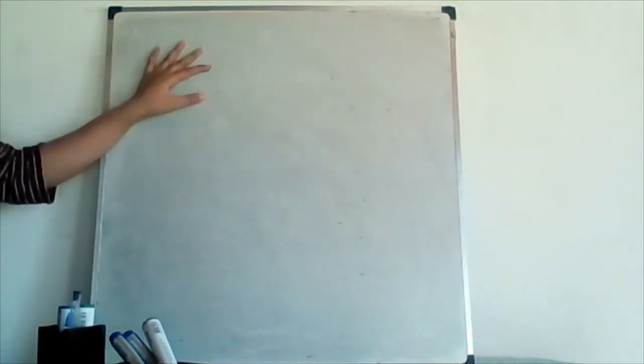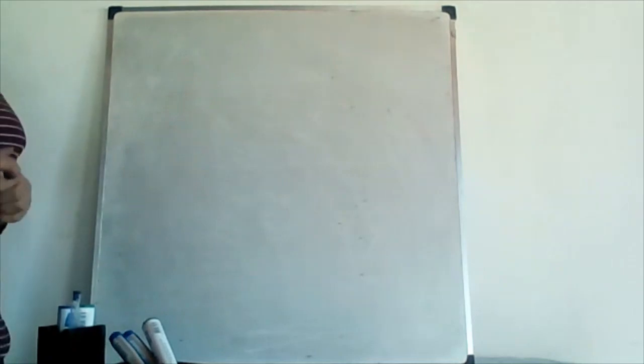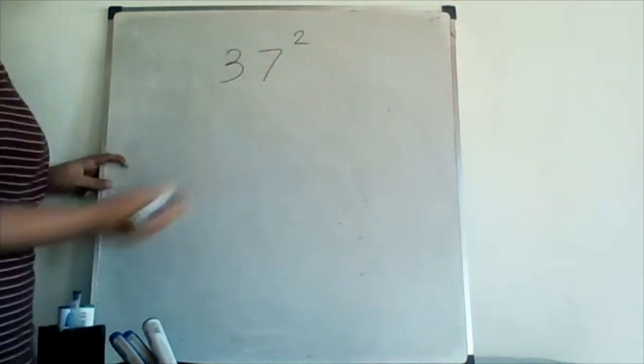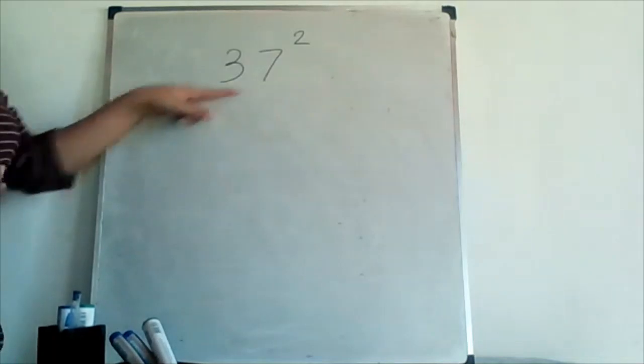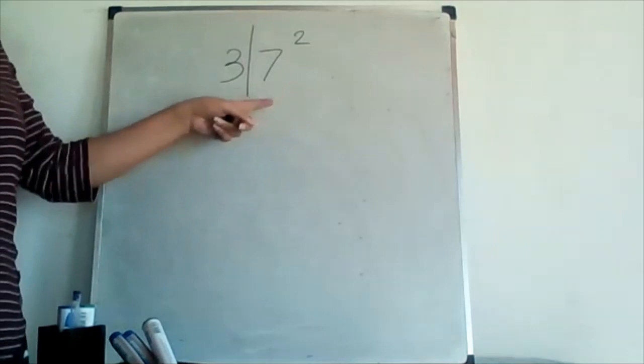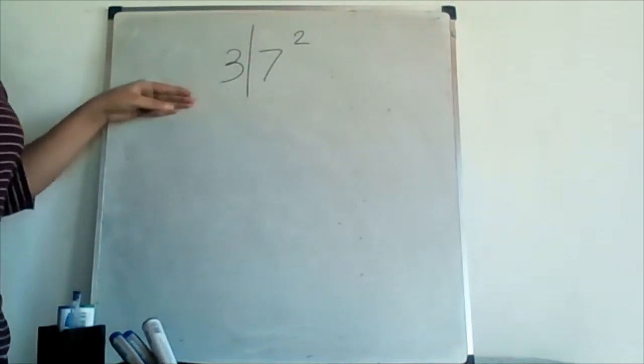Then let's try another two-digit number as the second example. Let's take 37. Now we're going to find the square value of 37 by using the discussed method. The first thing is to divide the number into two groups. Always one group is the last digit and the rest of the digits are for the next group.